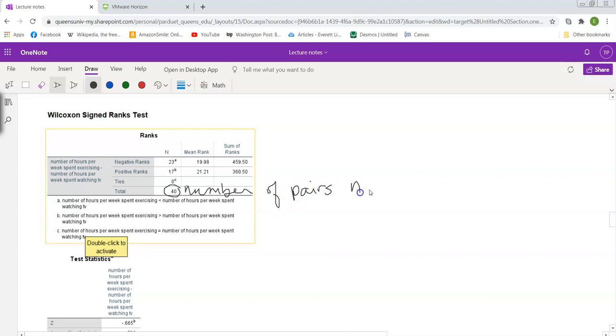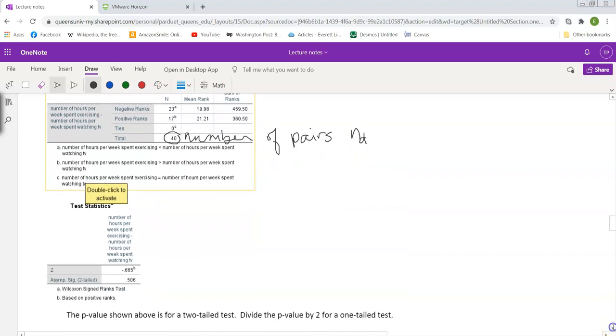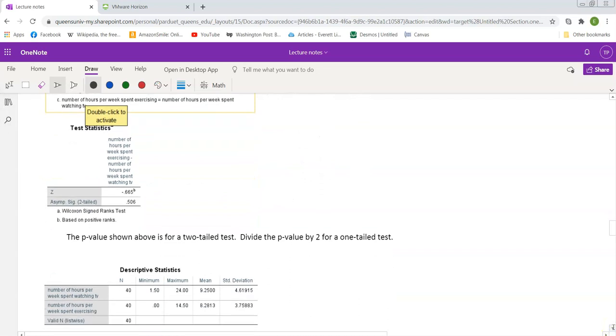This is N, or just N. The important thing here, though, is this. This is your p-value. This right here is a z-value, which we're going to need. This is the test statistic, but we're going to need it in our effect size calculation.